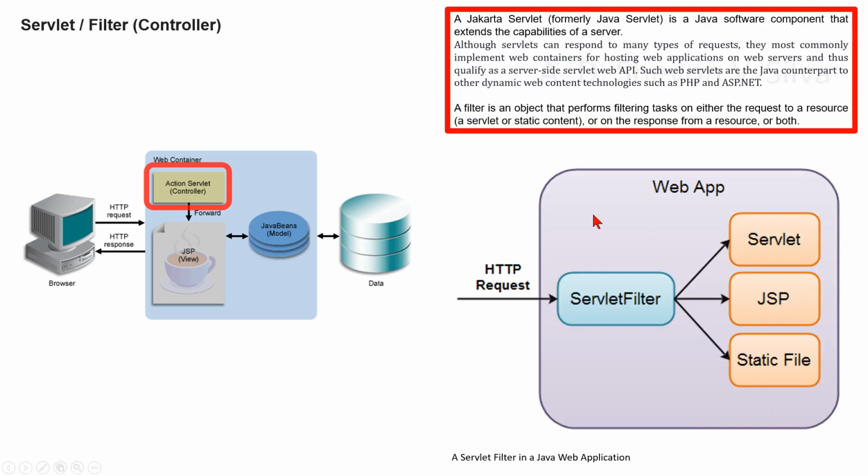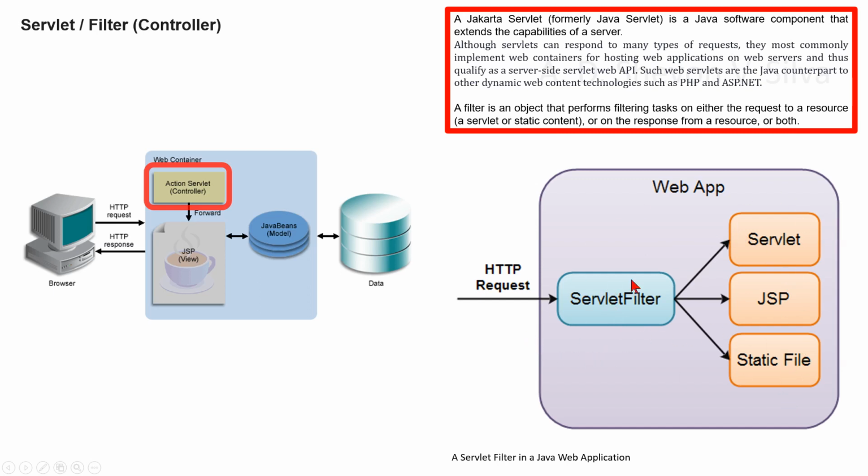Here you can see a servlet filter in a Java web application. A servlet filter is an object that can intercept HTTP requests targeted at your web application. A servlet filter can intercept requests for servlets, JSPs, HTML files or other static content, as illustrated in this diagram.